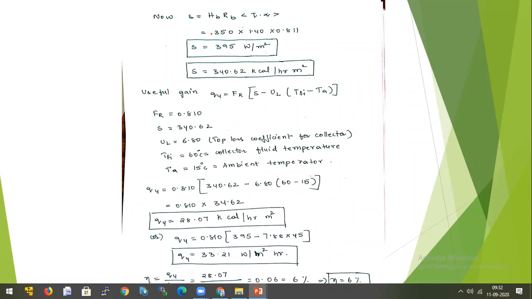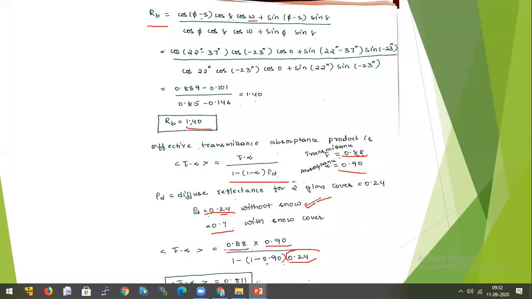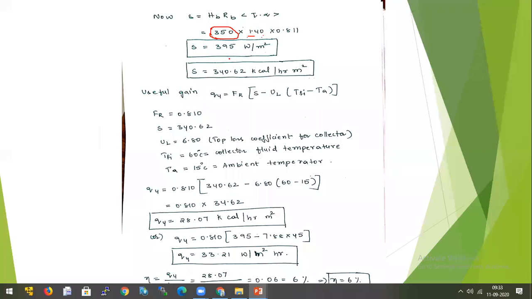So that is equal to HB value. We got the 350. 350 we have to write in watts per meter square value, not 300. Remember that 350 into 1.40. RB value is 1.40 and tau into alpha value is 0.811. So if you substitute, we will get the S.